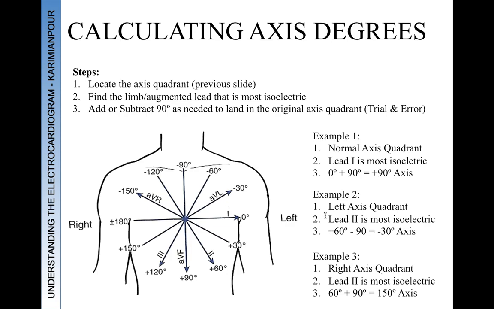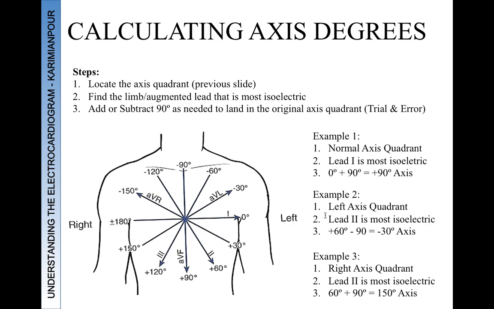So taking it one step further, you may be asked to determine what the actual degree is for the axis of the heart. And this goes back to this drawing here, the schematic showing all of the degrees from all the limb leads and the augmented leads, with one point of confluence for all the leads.